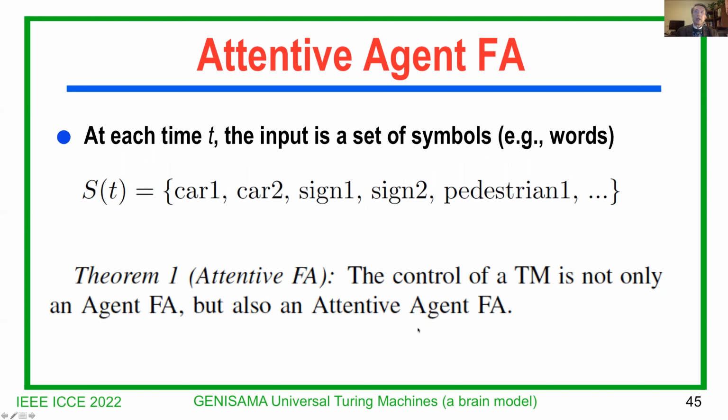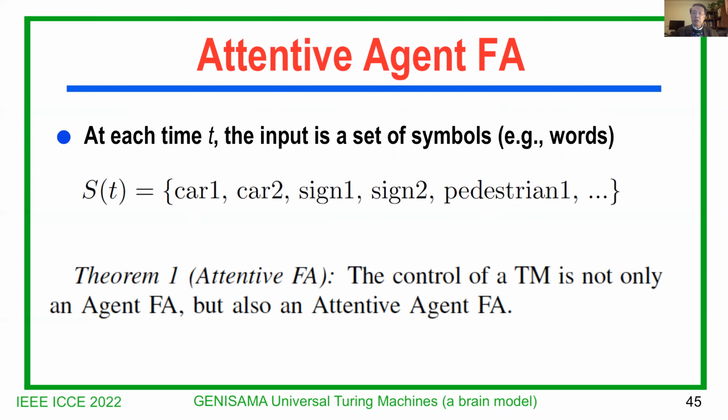In other words, if you have a Turing machine, the control is not just an FA with monolithic input, in the previous case 0 or 1, but rather an attentive FA. Why? Because the Turing machine has a read-write head that can scan the input symbol.